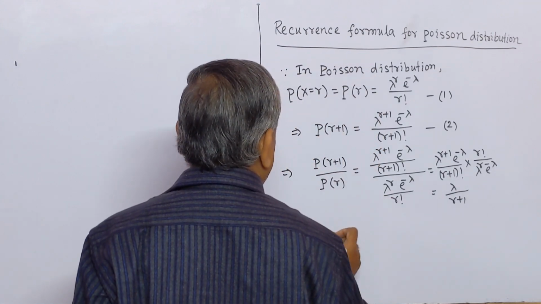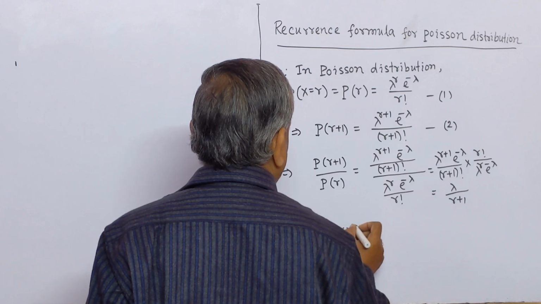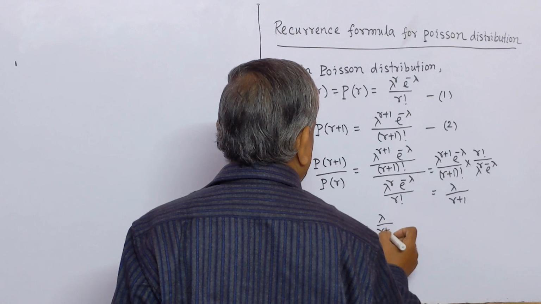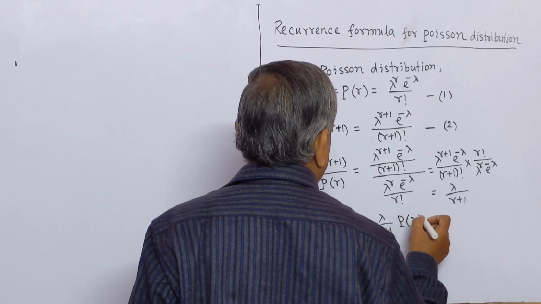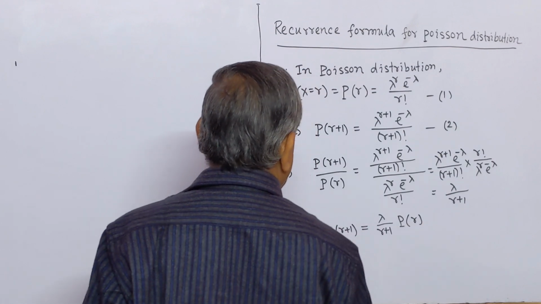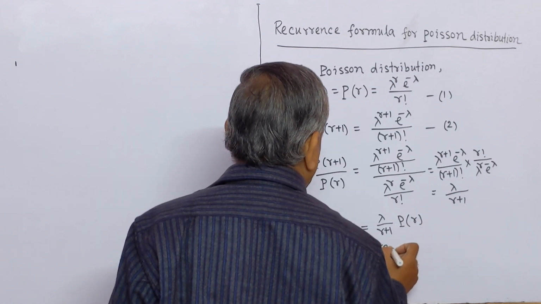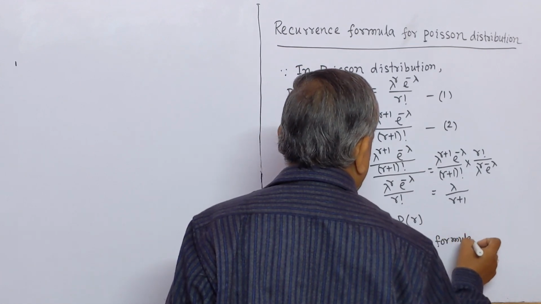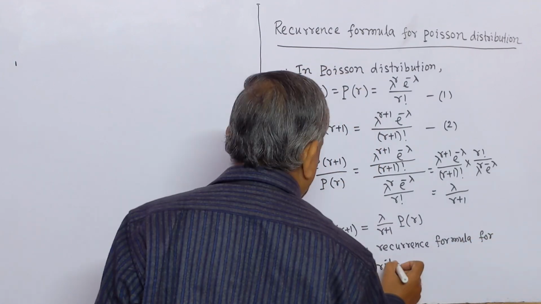Implies that P(r+1) equals lambda by r plus 1 times P(r). This is the recurrence formula for Poisson distribution.